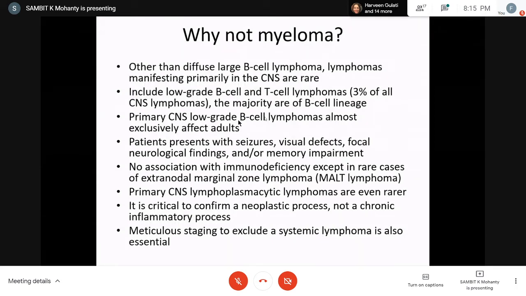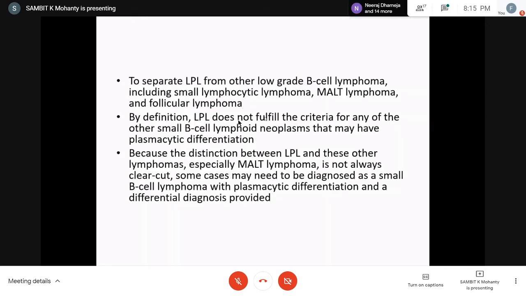It is critical to confirm a neoplastic process, not a chronic inflammatory process. This is very important, so we need to get into more and more detail to separate LPL from other low-grade B-cell lymphomas, including small lymphocytic lymphoma, MALT lymphoma, and follicular lymphoma. By definition, LPL does not fulfill the criteria for any of these small B-cell lymphomas, which may have some degree of plasmacytic differentiation.